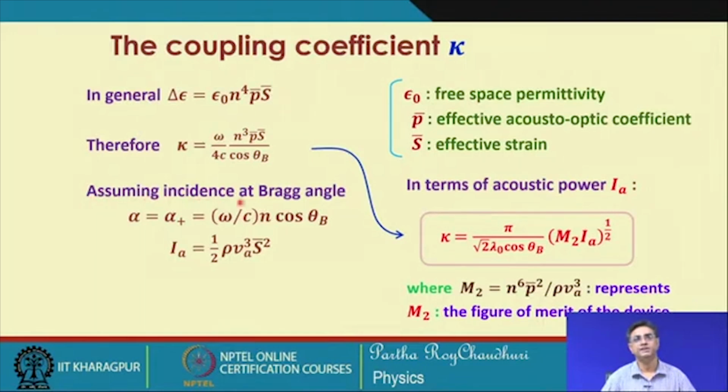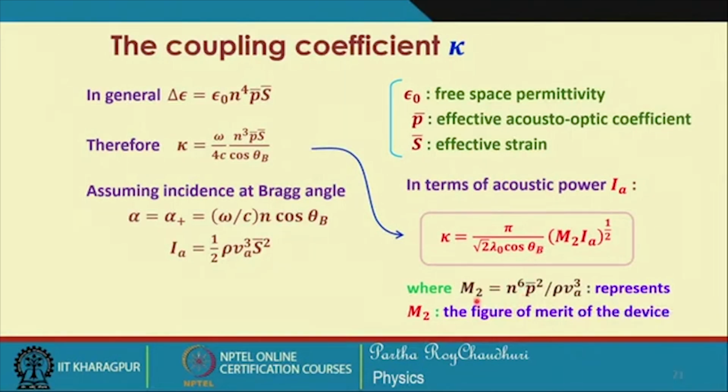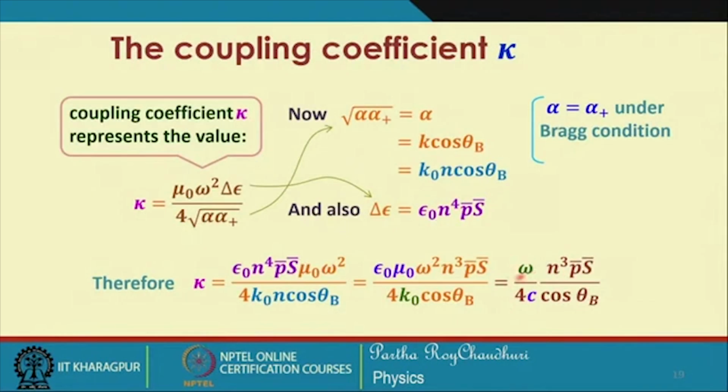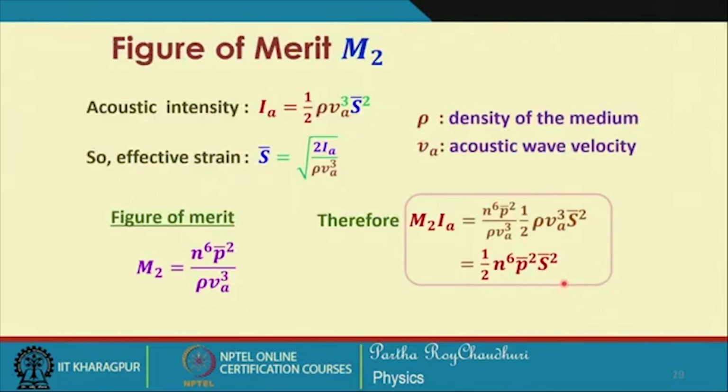Then assuming the incidence at Bragg angle, we have seen that omega by C n equal to alpha plus, we can write this acoustic power in this form. Now, from here we can write this equation. You see M2 into I under root of that is equal to n cubed p and s, which will go into this coupling coefficient.